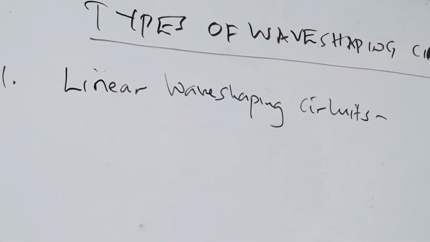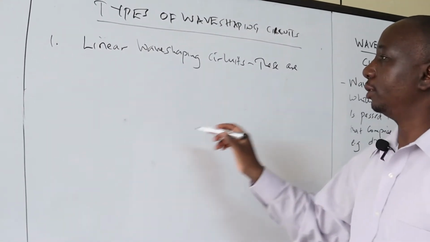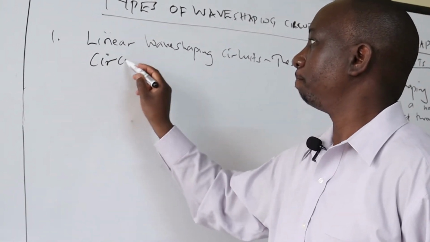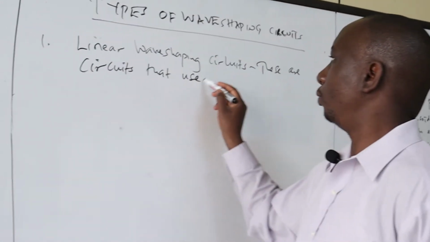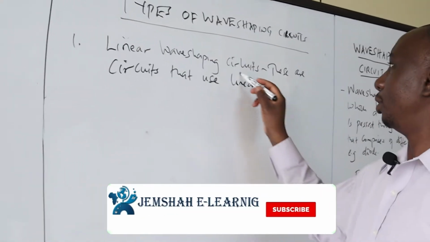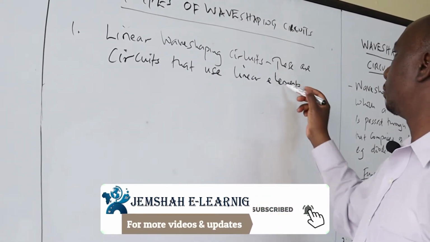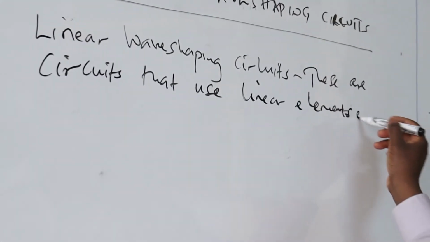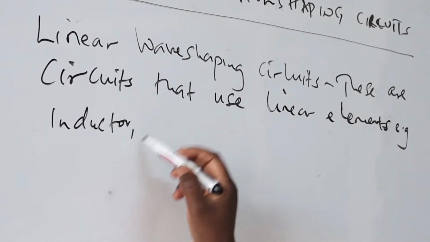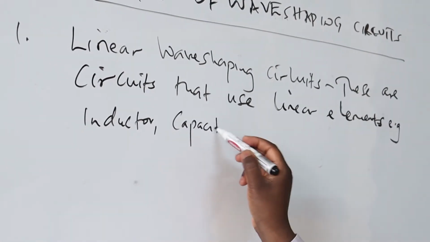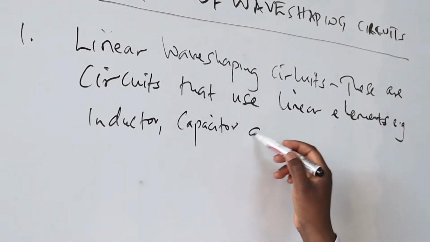So these are circuits that use linear elements, e.g. an inductor, a capacitor, and maybe resistors.